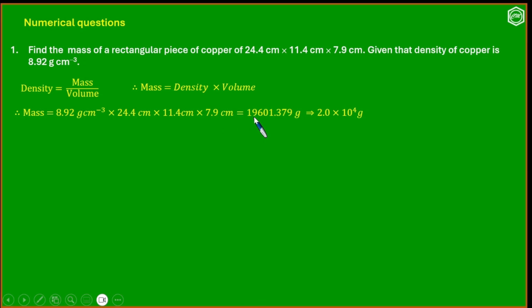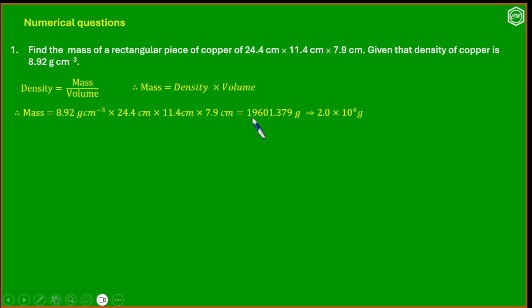The answer is 19,601.379 gram. Now, in this calculation, the least precise value will be 7.9, and it is having only two significant figures. And in multiplication, we consider the number of significant figures. So the answer should be expressed in the same significant figures as that of this one.